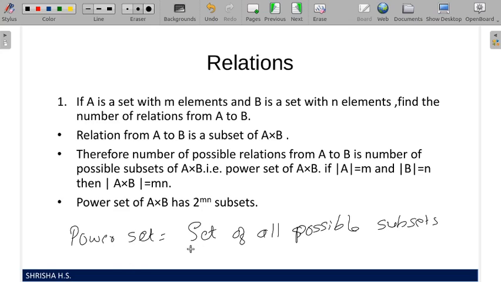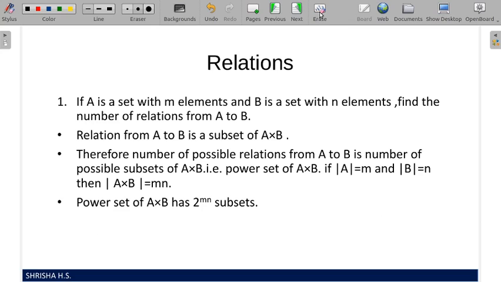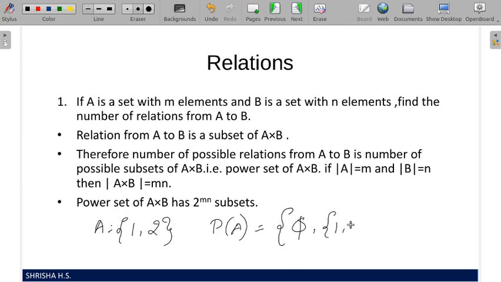Let's take a simple example and see what a power set is. Suppose A equals {1, 2}. The power set of A we can write like this: null, {1}, {2}, {1, 2}. These are all the possible subsets for set A.